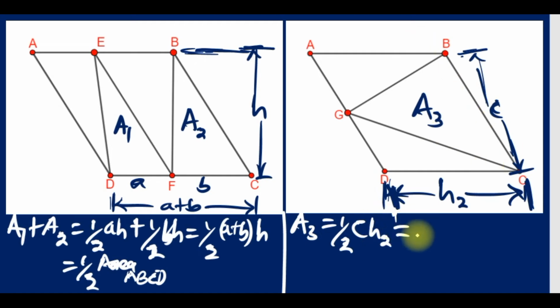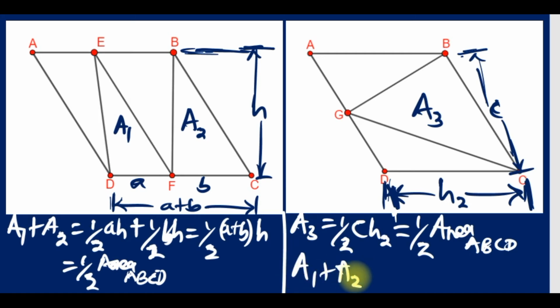And again, remember, the area of a parallelogram is base times height, so this is also the area of ABCD. So what are you going to deduce here? You now see that A1 plus A2 is equal to A3, because both of them equal half the area of the parallelogram.